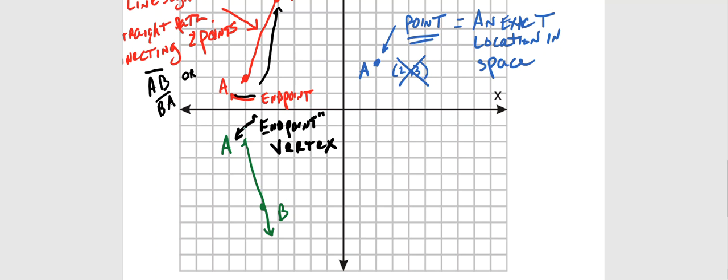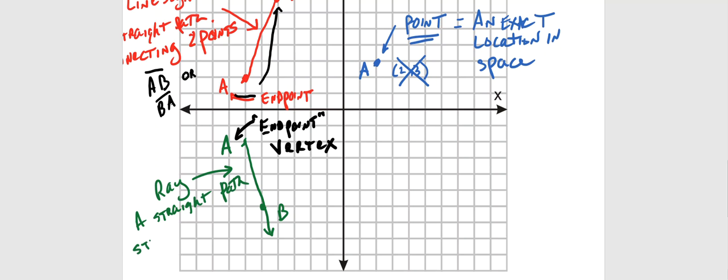But again, this figure here is identified by 2 points. We started with the point A, we have another point B, and this is called a ray, okay? So this is an example of a ray. This is a straight path. And notice what it does.